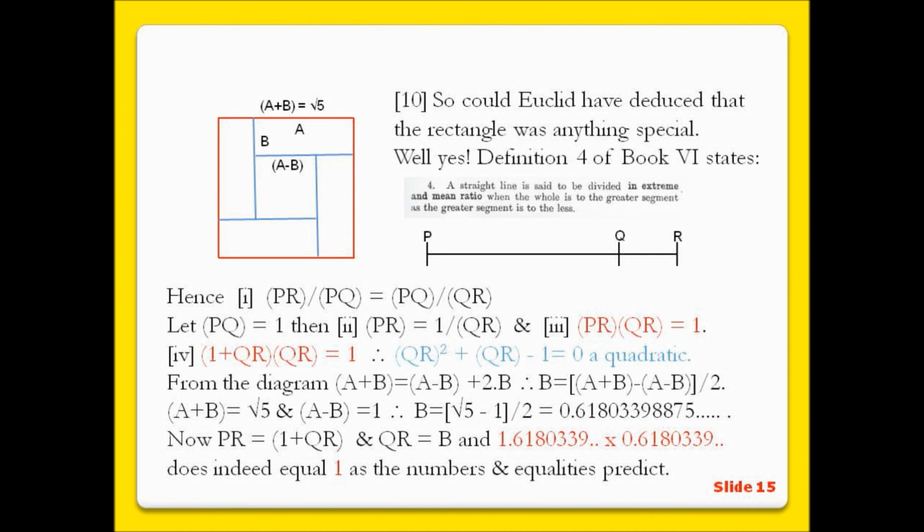Therefore, B equals root 5 minus 1, all divided by 2, which is equal to 0.61803398875. Now PR is equal to 1 plus QR, and QR equals B, and 1.6180339 times 0.6180339 does indeed equal 1, as the numbers and equalities predict.